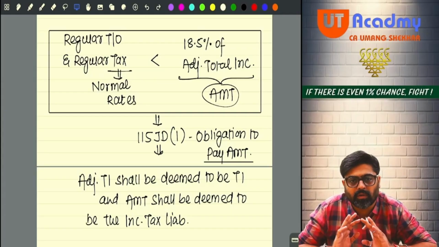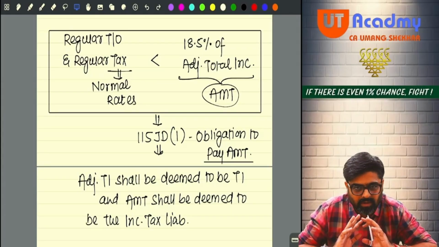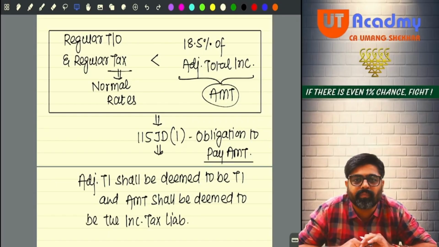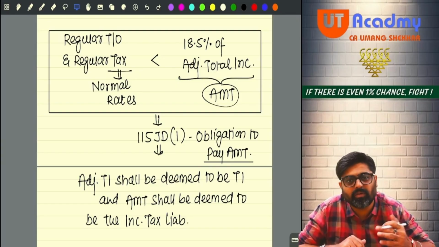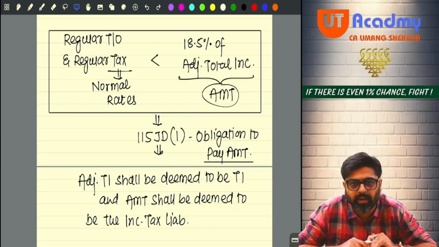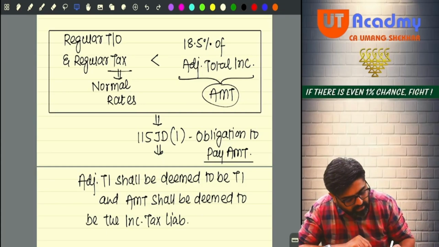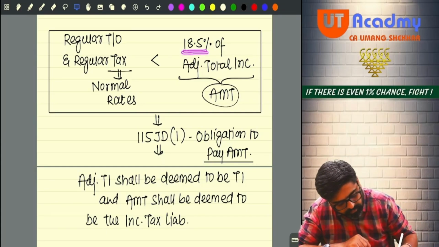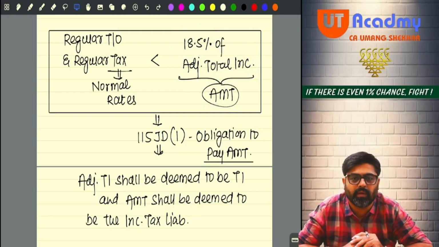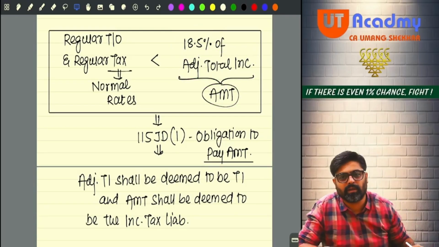So your total income will be ignored, your regular tax will be ignored, adjusted total income will become your total income, and the AMT which you have calculated will become your income tax liability that you are going to pay. But now to calculate this AMT, this 18.5% you have to apply on adjusted total income. What is the meaning of adjusted total income?